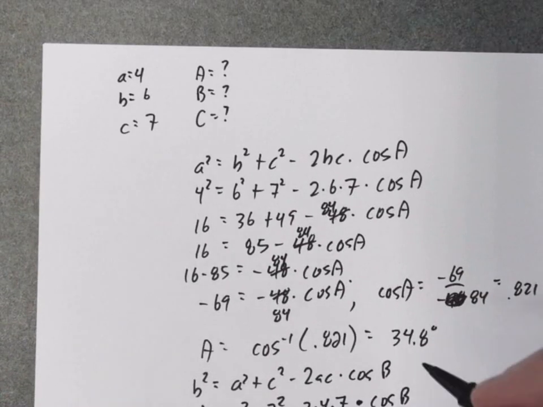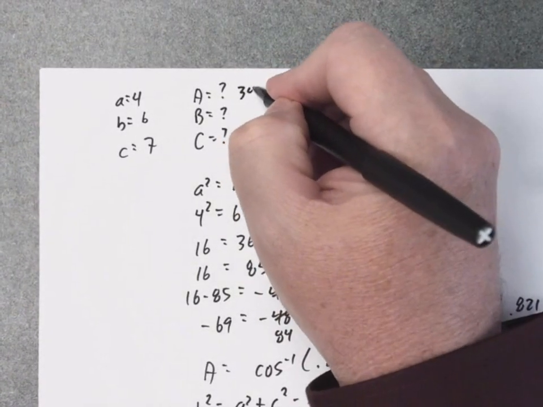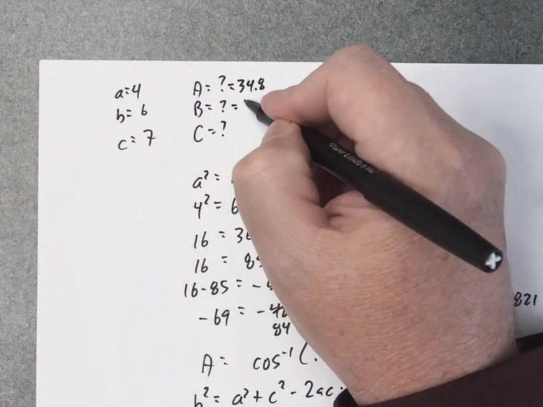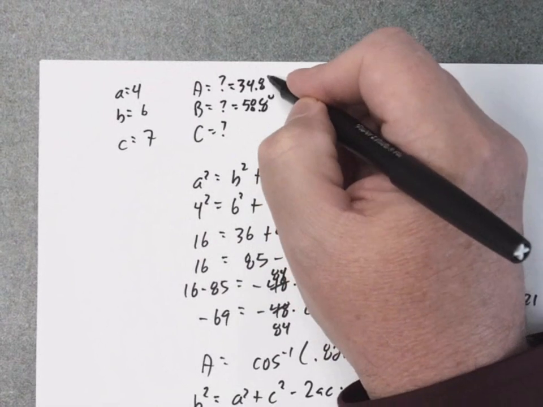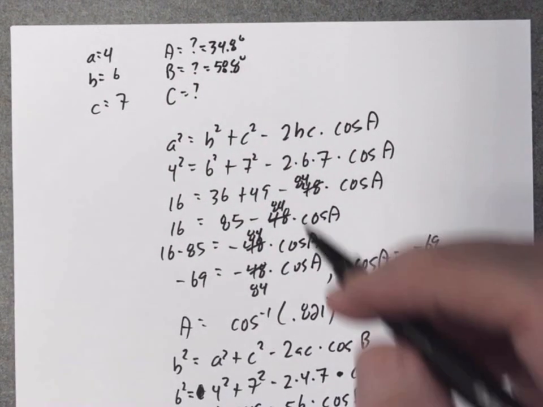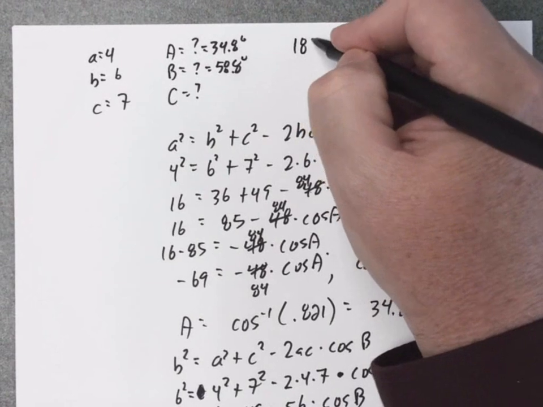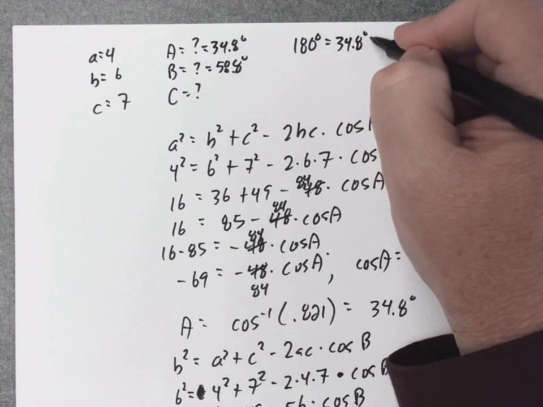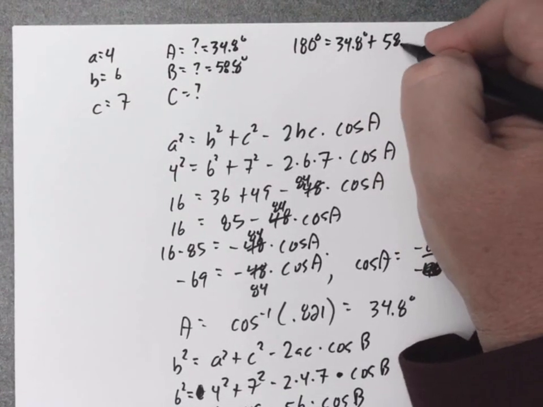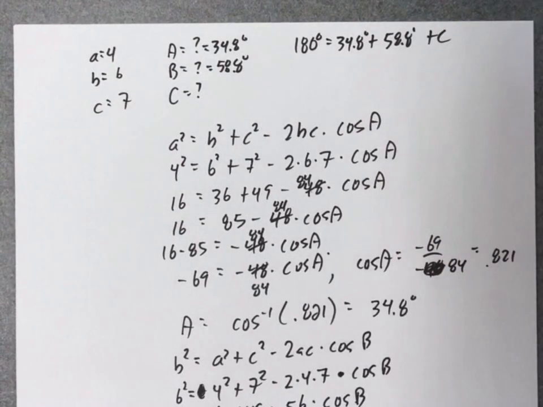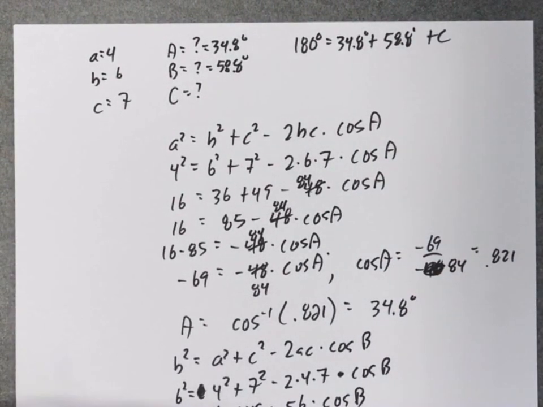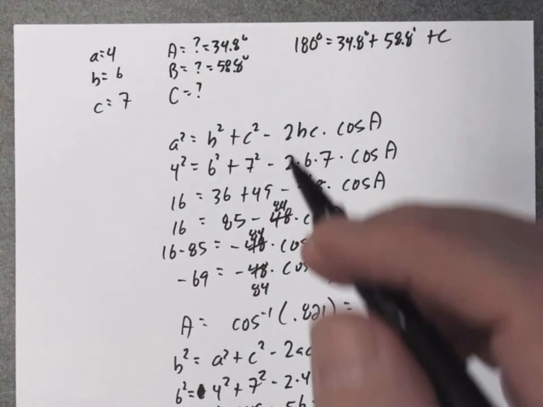So now I know angle A is 34.8. Angle B is 58.8. Now angle C I can just get from saying 180 degrees equals angle A plus angle B plus C. If I add those together, 34.8 plus 58.8 equals 93.6.